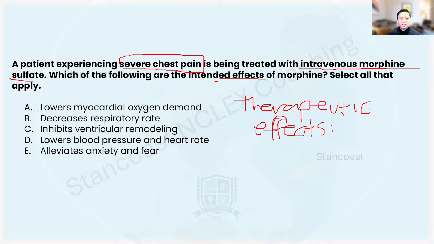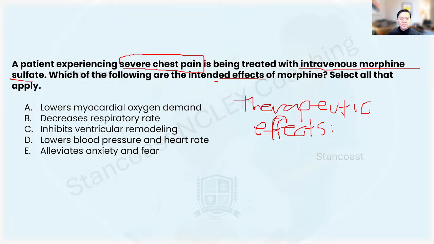Is it A, lowers myocardial oxygen demand, or B, decreases respiratory rate? C, inhibits ventricular remodeling? Does it do letter D, lower blood pressure and heart rate? Or E, alleviates anxiety and fear?